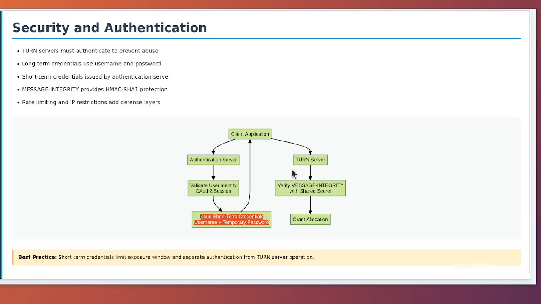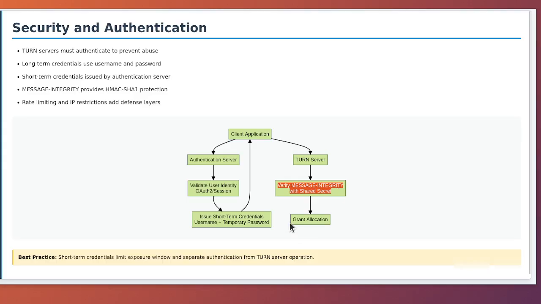The short-term credential mechanism provides several security benefits. First, compromised credentials have limited validity, reducing the window of opportunity for abuse. Second, the TURN server does not need to store user passwords or maintain a user database, but it only needs to know the shared secret for validating credentials.